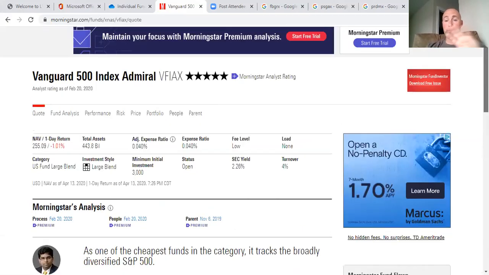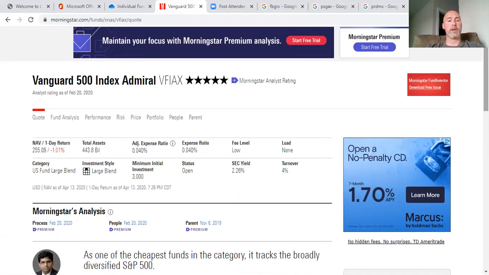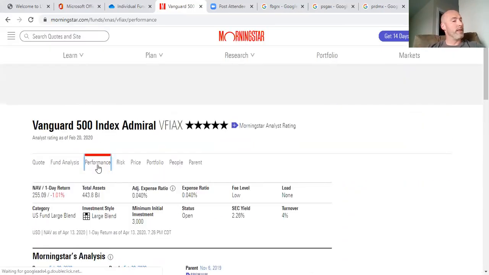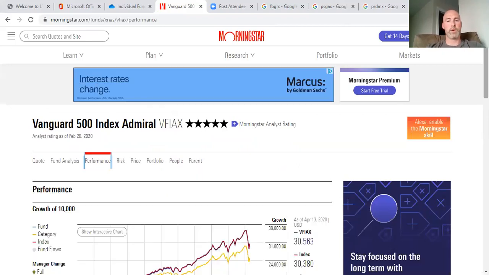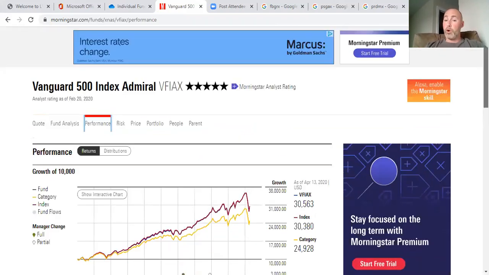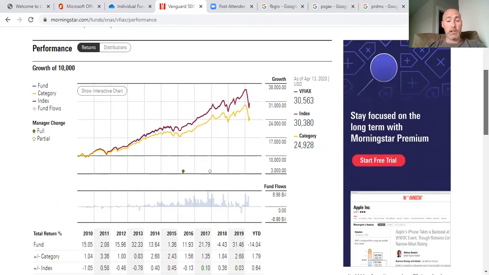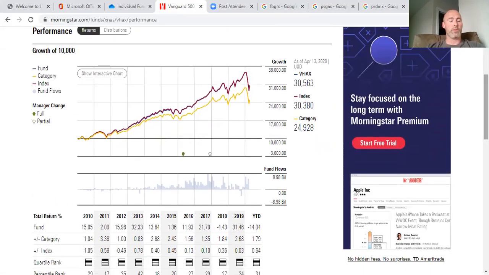Now I want to look a little bit deeper like we did on our assignment yesterday. The first thing that I look at when I'm looking at a mutual fund is performance. Remember, how much money can I make? So let's click that tab, performance, okay? When you click the performance tab, you take a look at this mutual fund. I'm going to scroll down a little bit. This line graph shows hypothetical growth of a $10,000 investment into this mutual fund invested one time, okay?